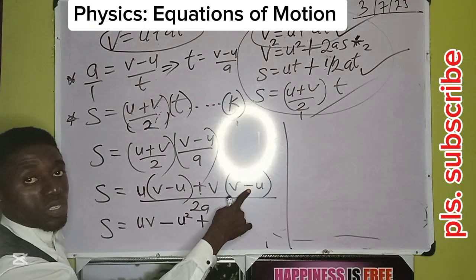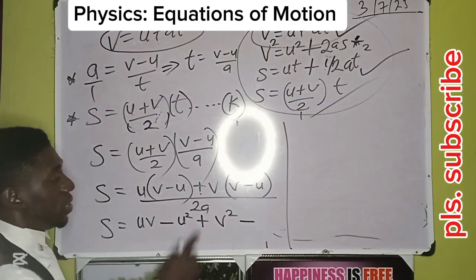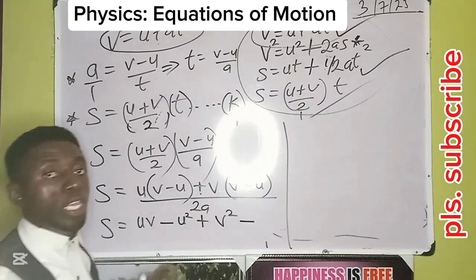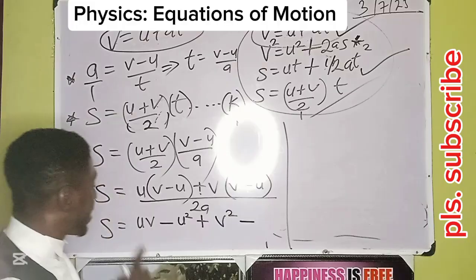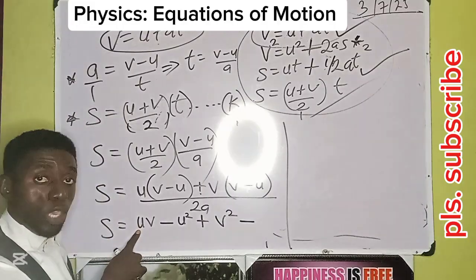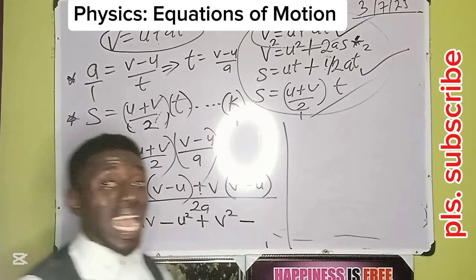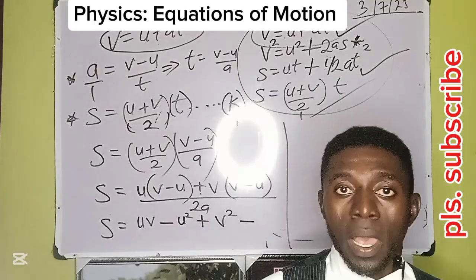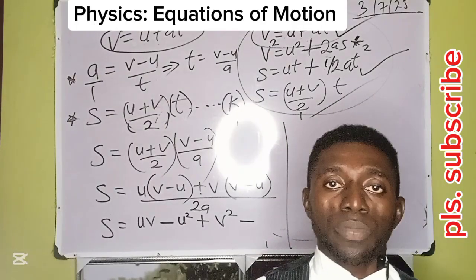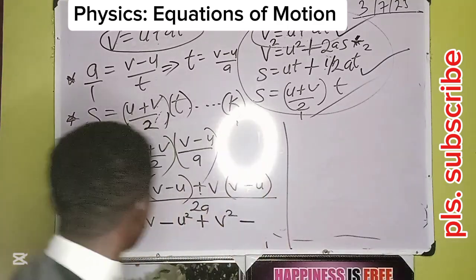Plus times minus, minus. v times u, vu, but we'll not go for vu. We'll maintain the pattern here. vu and uv are the same, just as 2 times 3 is the same thing as 3 times 2. But maintain the same pattern, so you can know when you are supposed to cancel the same effects or not.